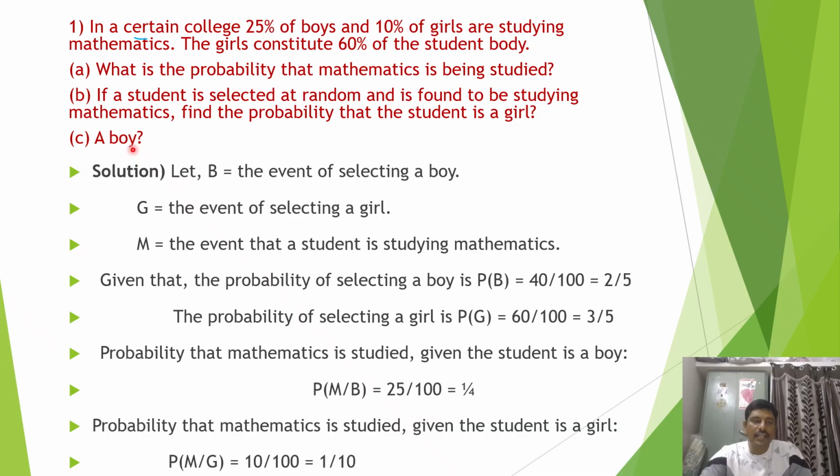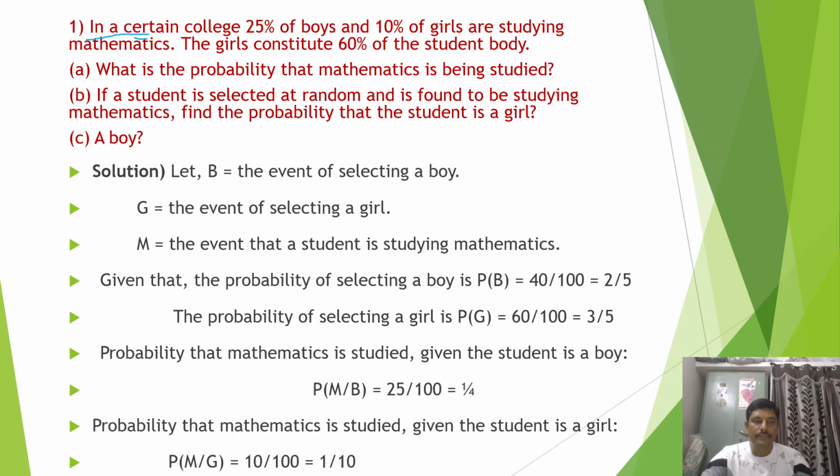So if we observe carefully, does this problem belong to Bayes theorem or not? First of all, we need to understand that. So what is the given data here? Clearly, 25% of the boys and 10% of the girls are studying mathematics.